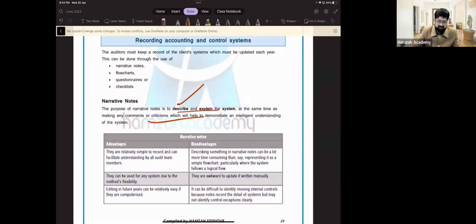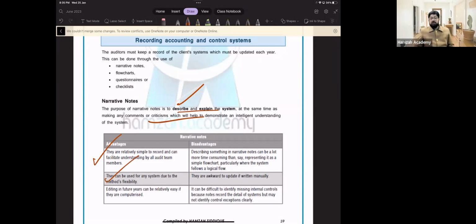Now, next. So, students, the advantages of recording controls in narrative notes: simple to record, can be used for any system, a flexible way, storytelling.